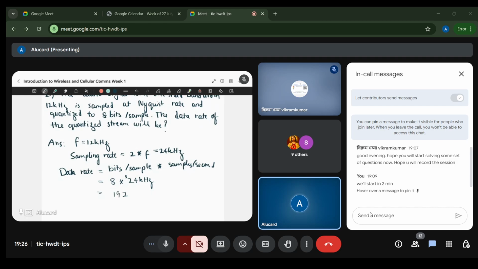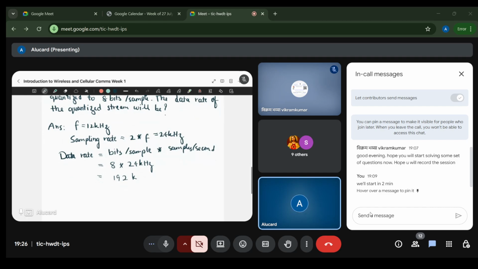192 kilo. You shouldn't forget the units. It's not hertz. It's kilo, and the units are bits per second, kbps.